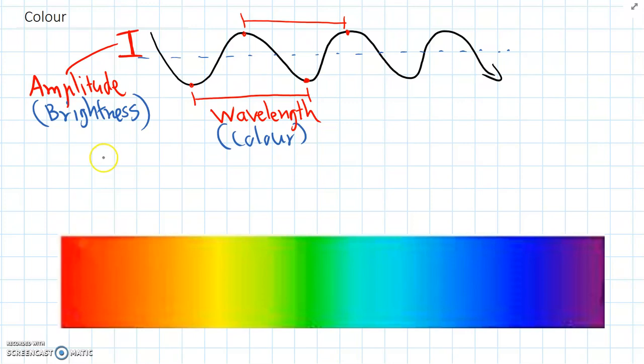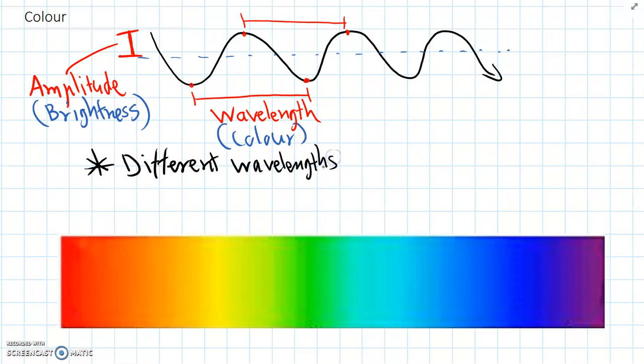So the important thing to remember is that different wavelengths of light have different colors. Different wavelengths have different colors.